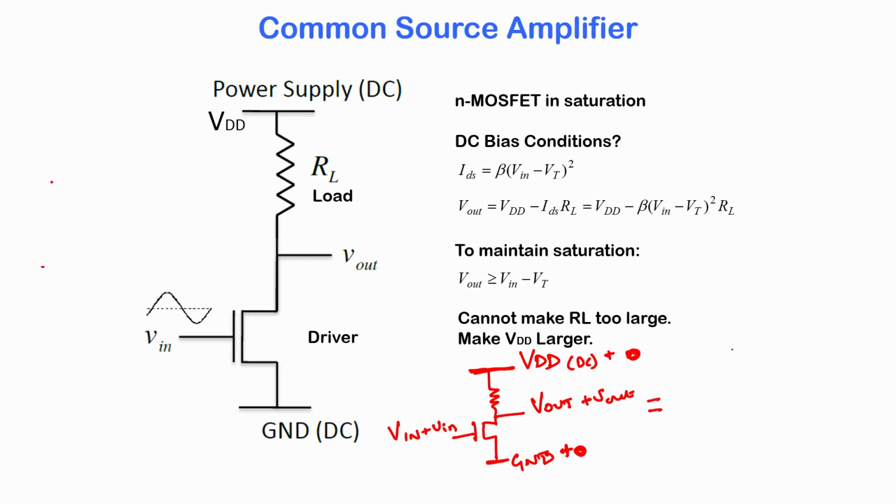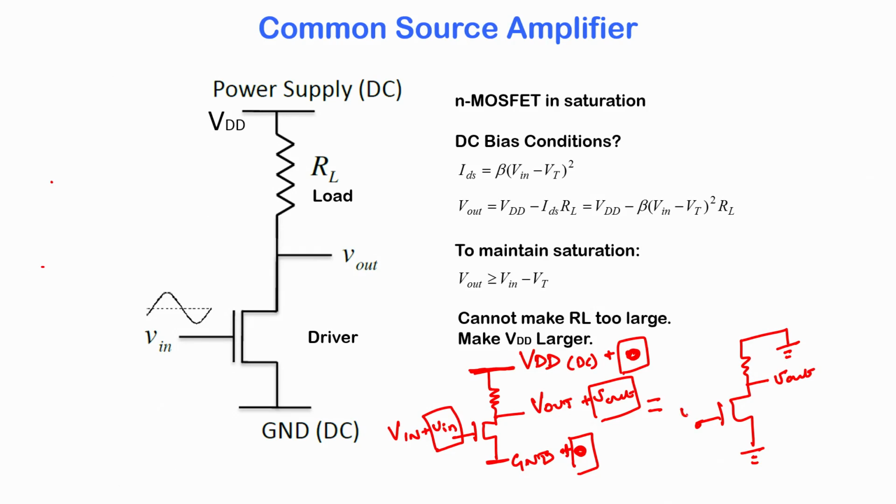If we draw only the AC circuit, we will only consider these portions, and we find that this is ground, the power supply can be thought of as AC ground although it has got a large DC voltage. The output node will only have small v out and the input node will only have small signal v in.